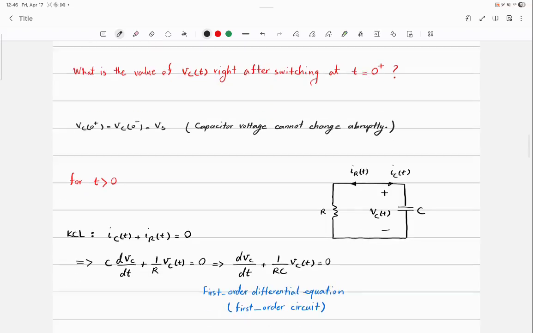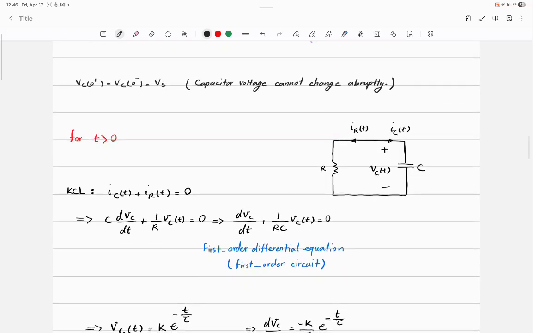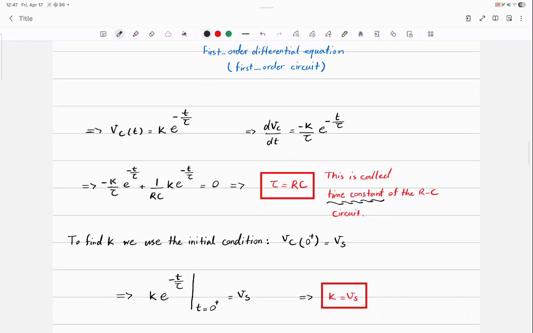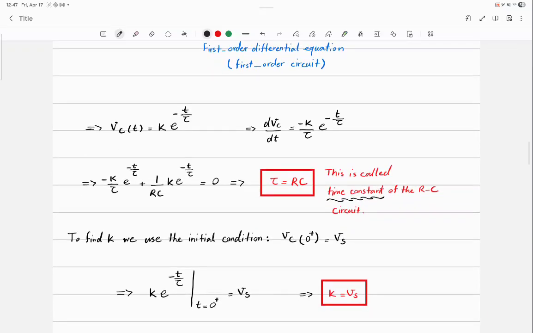Okay? What's the next step? Then we analyze the circuit, write the differential equation, and solve it for R and C. Everything is the same. The shape of the exponential and everything is the same, except your time constant, instead of being L over R, becomes RC.